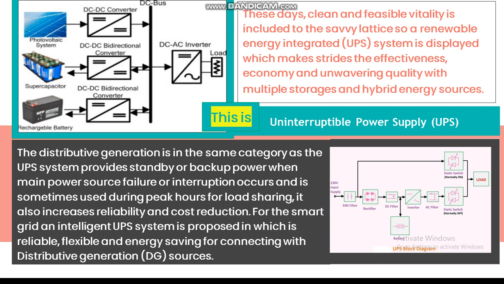The distributive generation is in the same category as the UPS system, provides standby or backup power when main power source failure or interruption occur and is sometimes used during peak hours for load sharing. It also increases reliability and cost reduction. For the smart grid, an intelligent UPS system is proposed, which is reliable, flexible, and energy saving for connecting with distributive generation source.